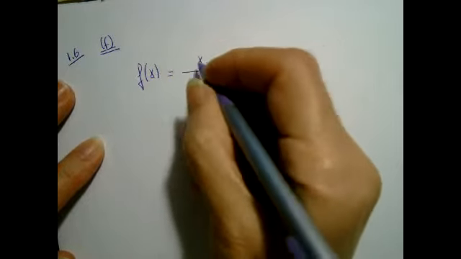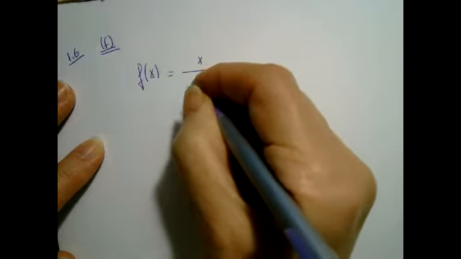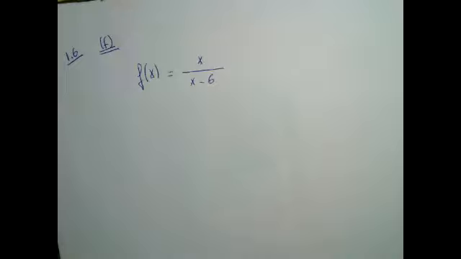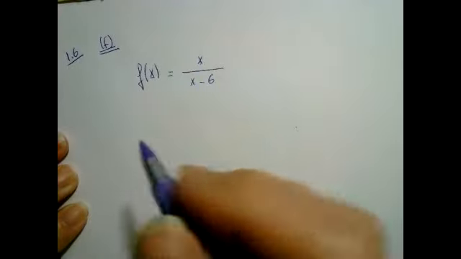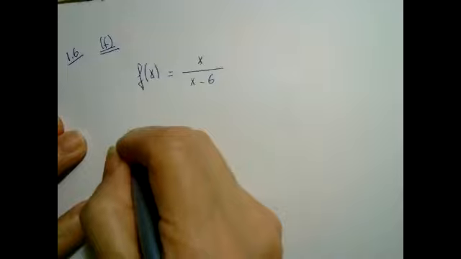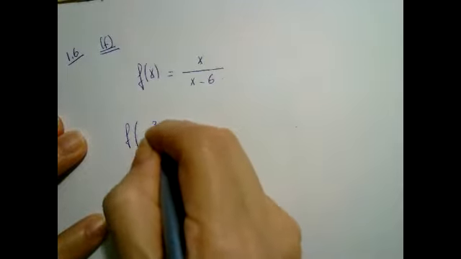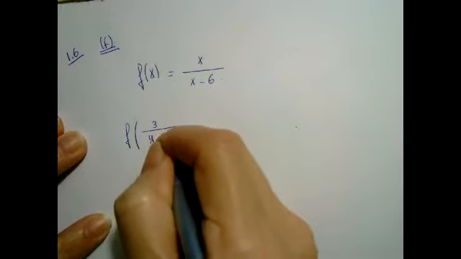My function f of x equals, so that's the input. For every input x, the output is whatever you input over x minus 6. Okay, that's really what my function is. Last time we did most of the problem and I stopped on this part because I want you to try it to see what you can come up with, because it's a bit harder. And now the question is f of 3 over y plus 5.